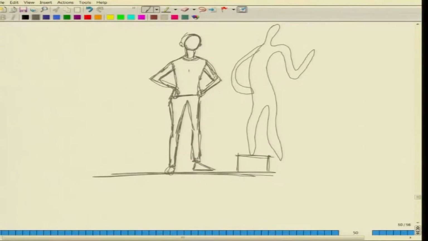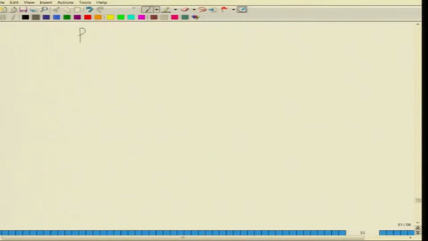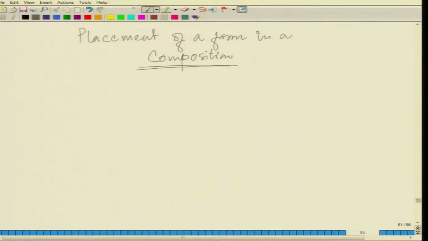So, how we are placing a form in a composition is the determining factor for the stability of a form.